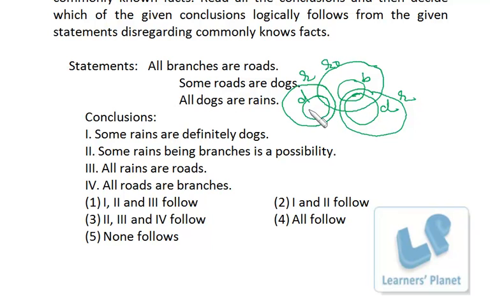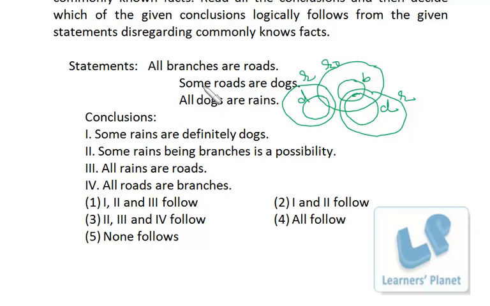In both these cases, we have these two cases, there is some area common between rains and dogs. Over here also, rains and dogs. So definitely some rains are dogs, right? Some rains are definitely dogs. It is clear because in both the cases we are getting this intersection between rains and dogs.